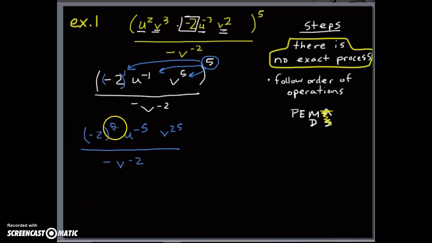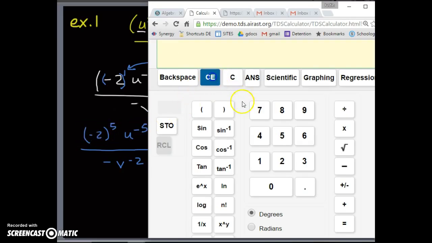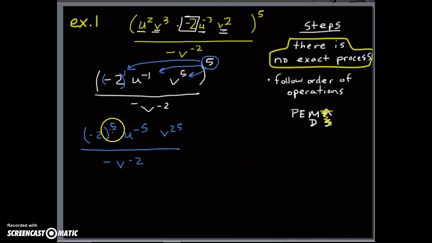Now what I'm going to do is simplify or evaluate this constant, so negative 2 to the 5th power. I know is going to be some negative value. Negative 32. So this negative 2 to the 5th power is actually just a negative 32, sorry. Now we can go ahead and use the quotient rule. So we've got a negative 32 being divided by a negative 1. And we've got v being divided by v.